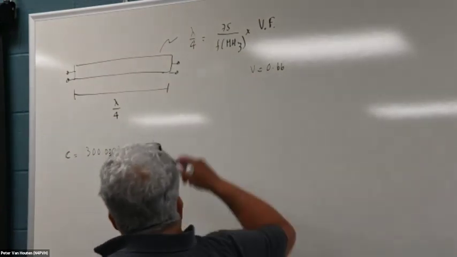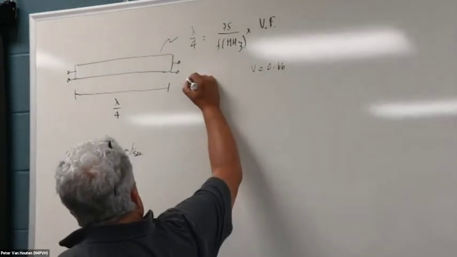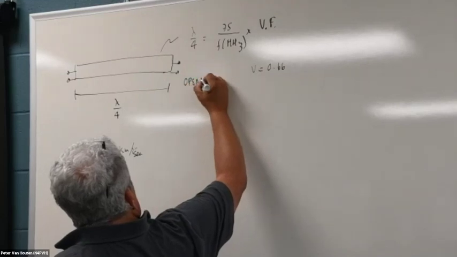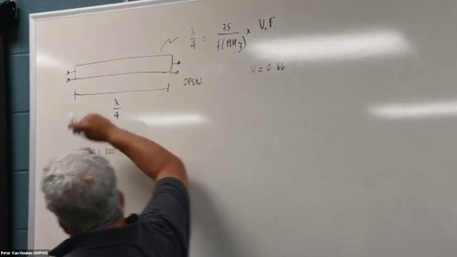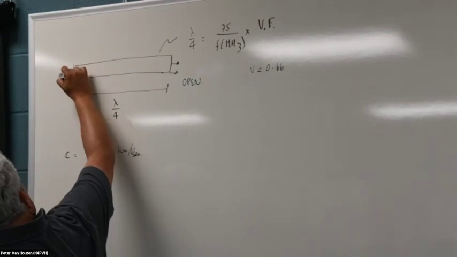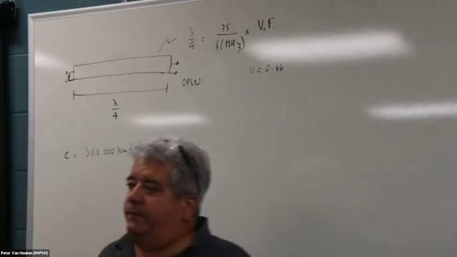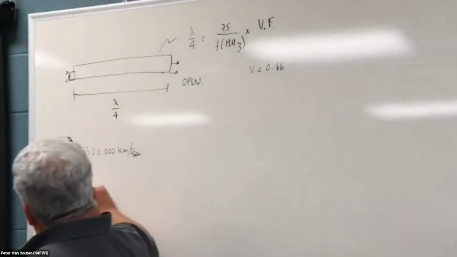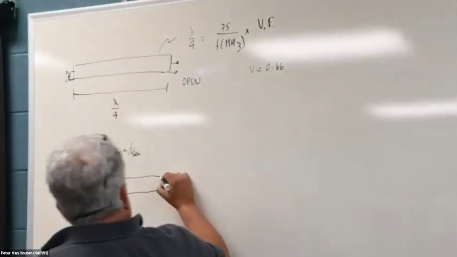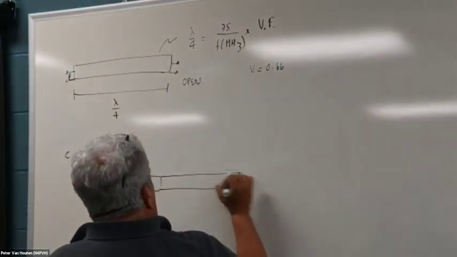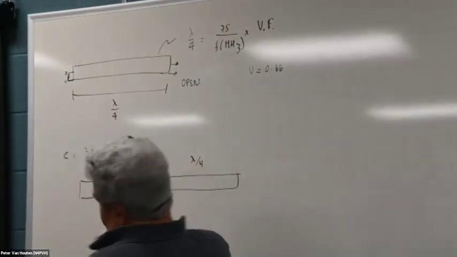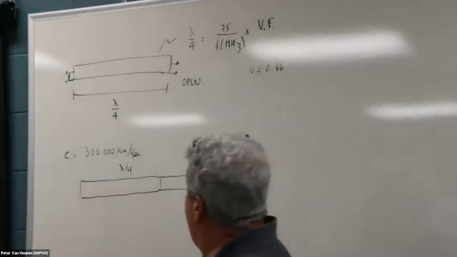We said also that whatever happens on this side, let's say if I got an open here, an open circuit, here will be the opposite, will be a short circuit. Also that when we have two of these lengths together, in other words, we have here lambda quarters. Lambda is the wavelength.